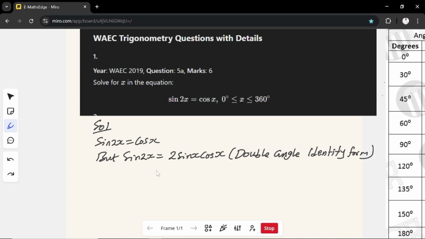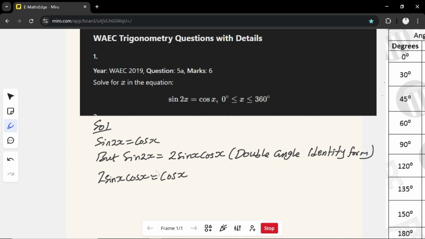So having known that sine 2x is equal to 2 sine x cos x, the next thing you are going to do is to substitute 2 sine x cos x into this initial equation, which is sine 2x. So instead of having sine 2x, we are going to have 2 sine x cos x to be equal to cos x.